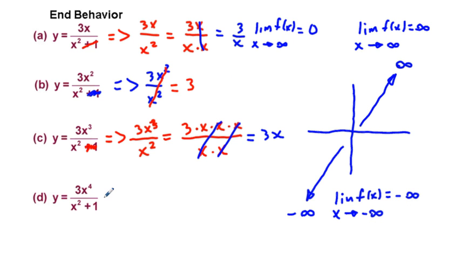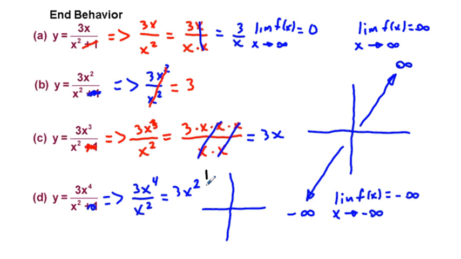And then down here below, if we cross out this plus 1, we're going to have 3x to the 4th over x squared, which is going to simplify to 3x squared. And for that, we don't know what it's going to do in between, but it's going to look kind of like a quadratic function where we're going to start high, come down like a parabola, and end high.